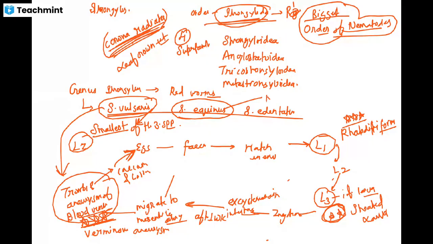In this case, verminous aneurysm is not formed. There is nodule formation in the small intestine. And in the case of Strongylus edentatus infection also, there is no verminous aneurysm.